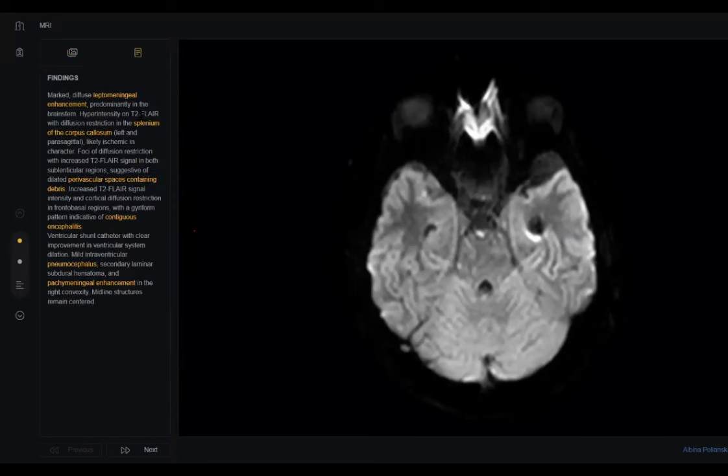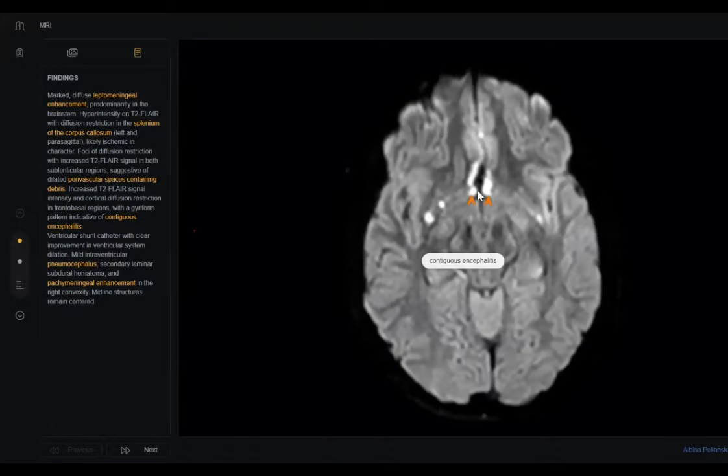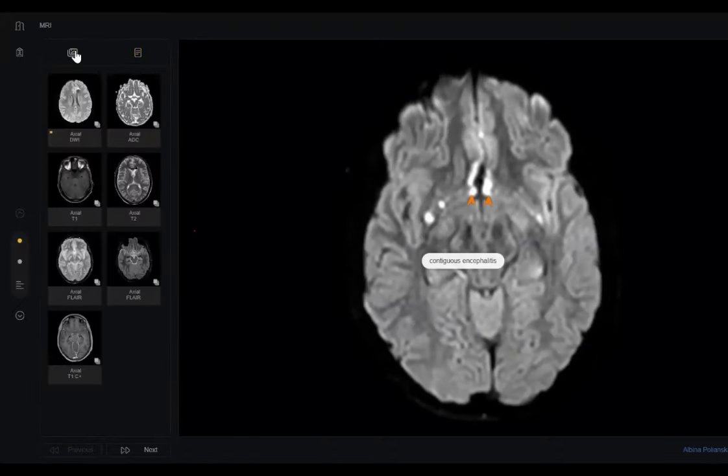It shows the splenium of corpus callosum. So there is encephalitis here also. So it was a tuberculous meningoencephalitis.